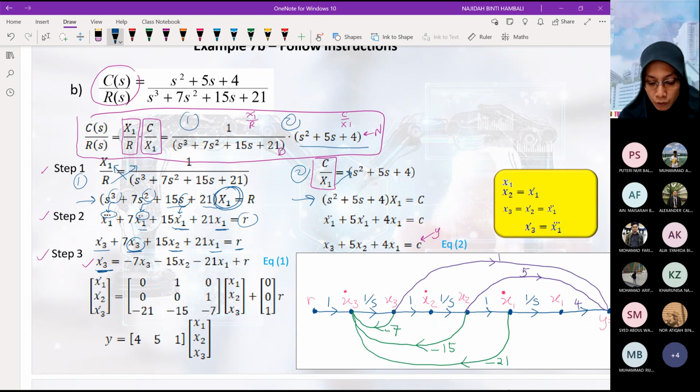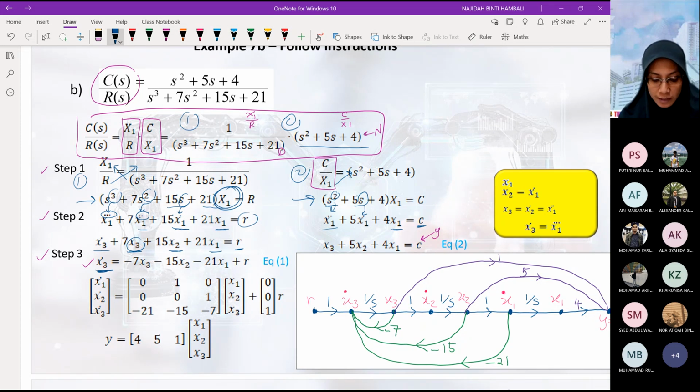For x1 without s, it will be maintained as x1. 5s will become 5 x1 dot. S squared x1 will become x1 double dot. Equal to C. C without s will maintain as C without dot.